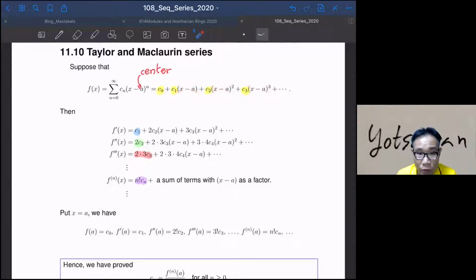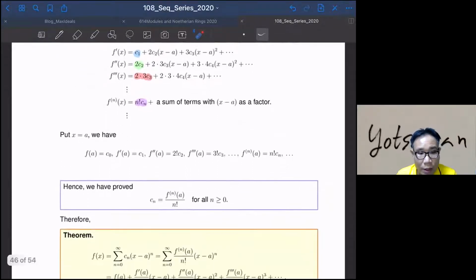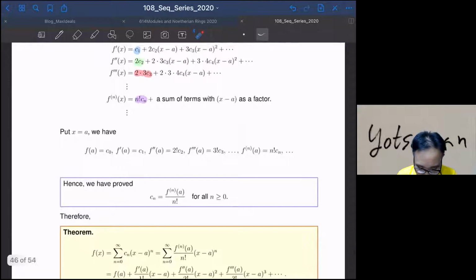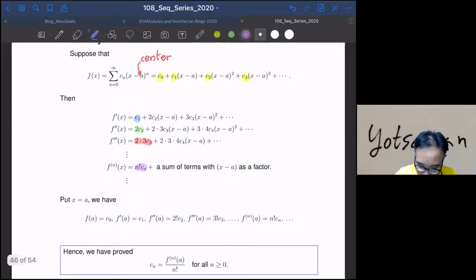The things that survive when you plug in x equal to a are f(a) equal to c0, and f prime of a equal to c1.